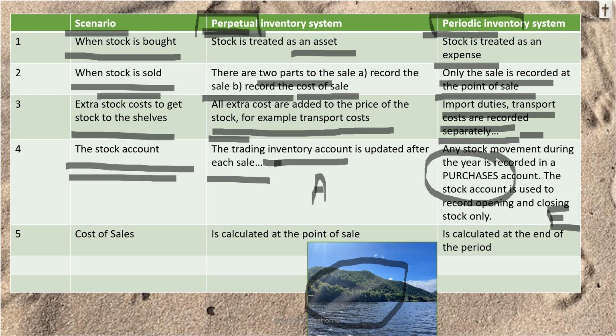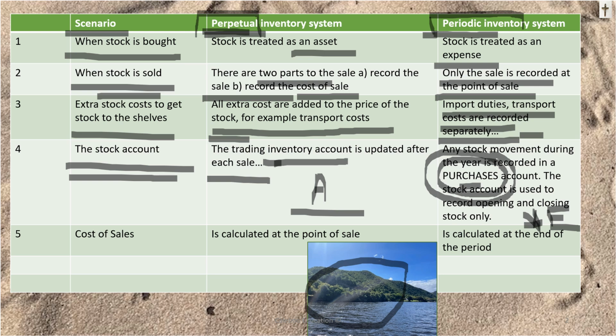So the stock account in the perpetual inventory system is updated after each sale. The trading inventory account is an asset. In the periodic inventory system, a new account is opened. Any movement with regard to stock is recorded in an account called purchases. And the purchases account is treated as an expense.